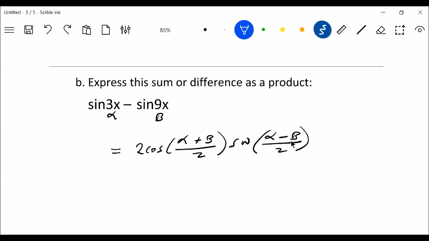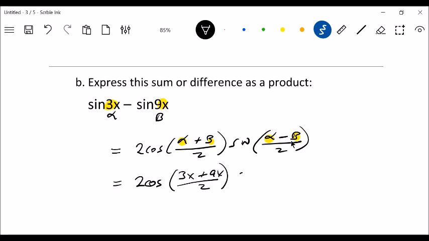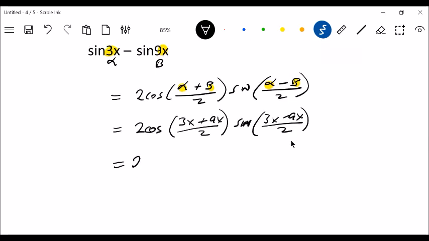Okay, so now we'll take 3x and 9x and put that in place of the alphas and betas here. 2 cosine 3x plus 9x over 2, and then the sine of 3x minus 9x over 2 equals 2 cosine 9, 10, 11, 12x over 2.